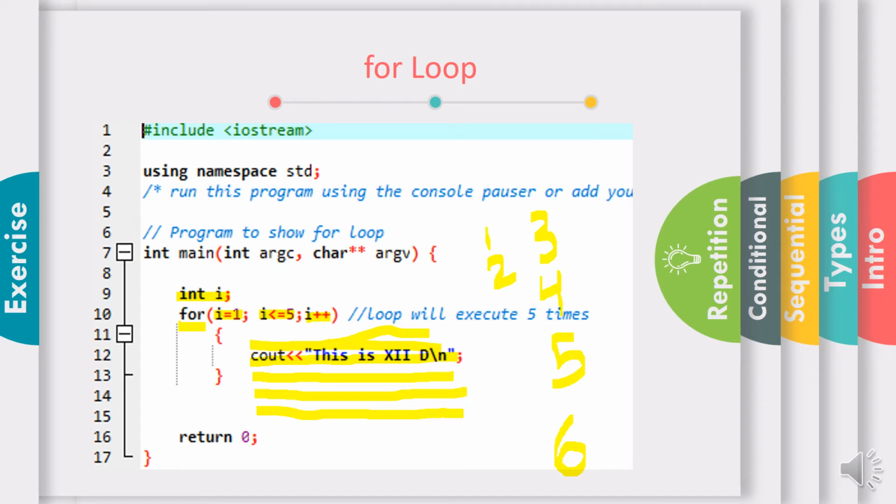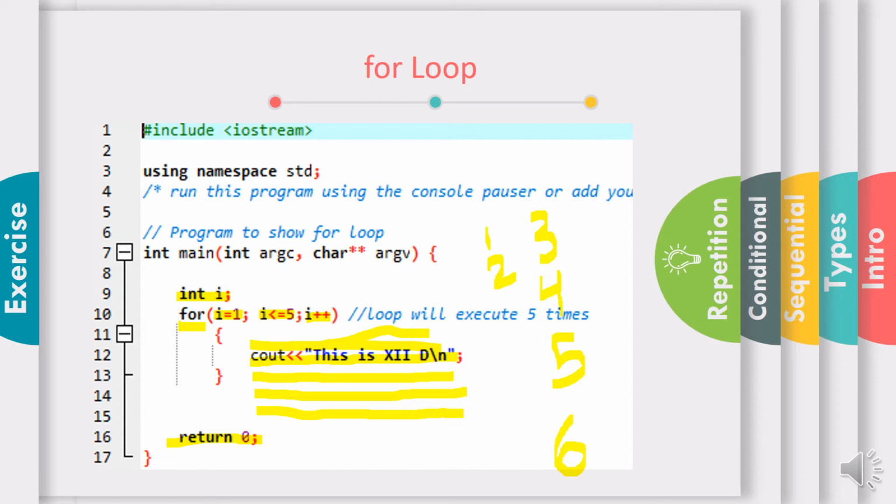So, it means it will not execute this statement anymore, and simply it will execute the statement which is after the loop. So, it means that this loop will be executed 5 times and will display the message "This is second year D" 5 times on the screen.